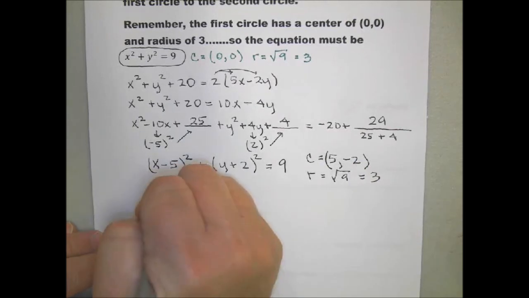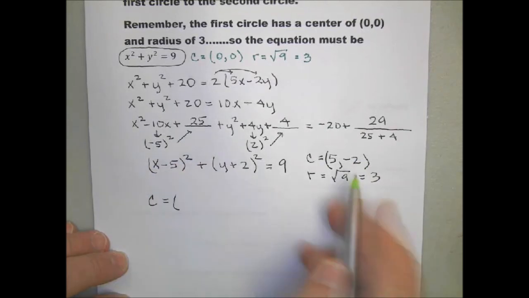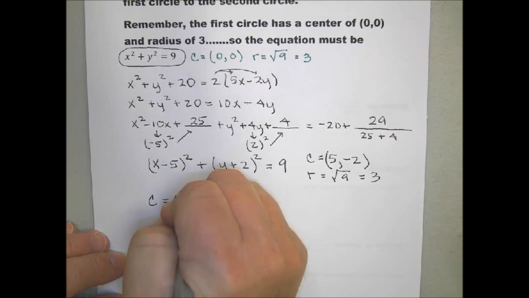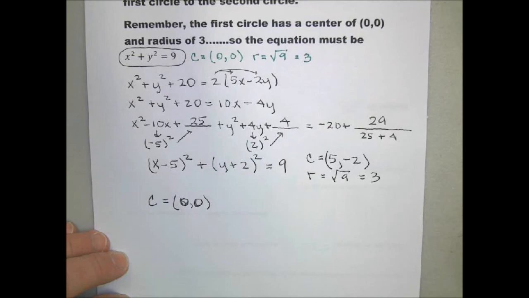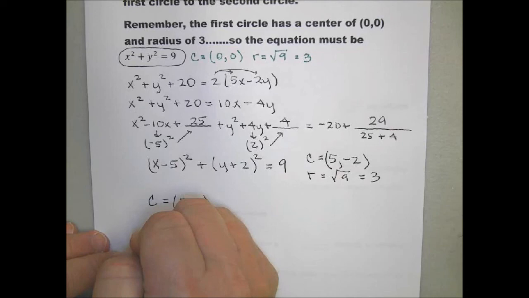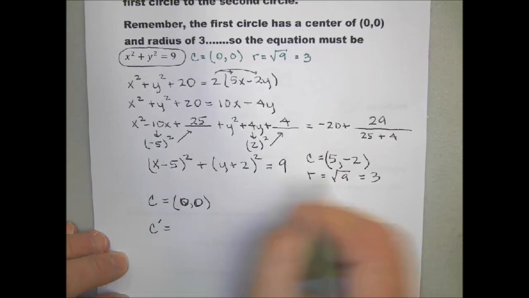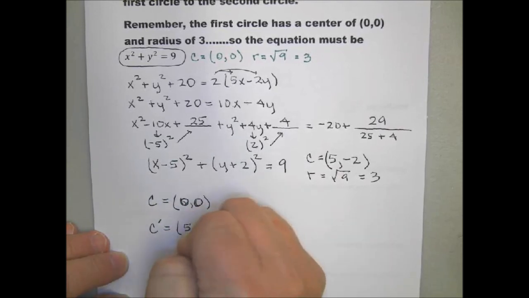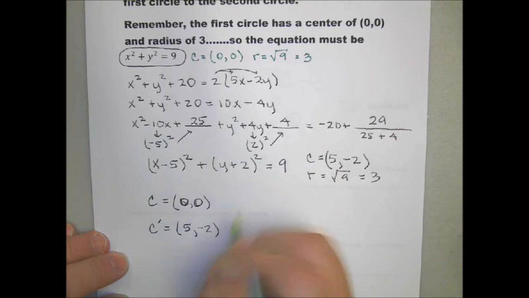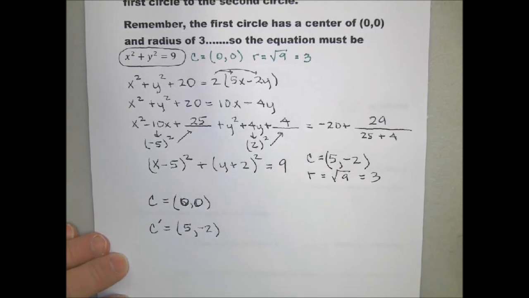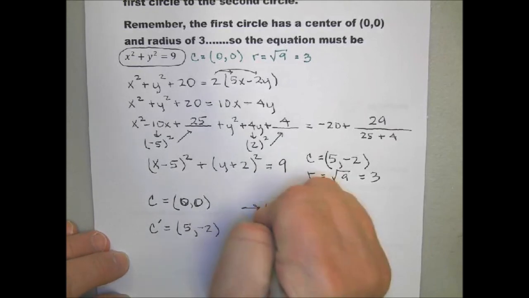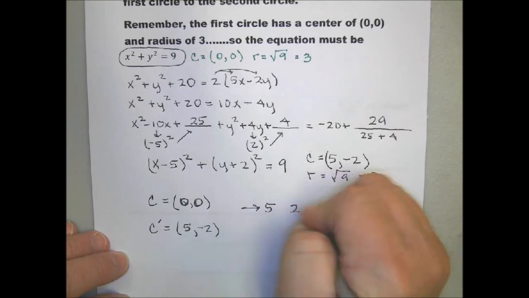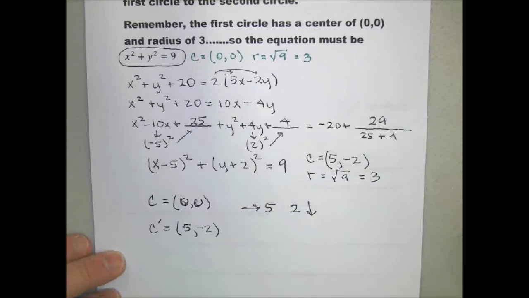So if the center of the original circle was 0, 0, and the center of the new circle, C prime, is 5, negative 2, then what had to happen? We moved 5 units to the right, and we moved 2 units down. So that would be the map.